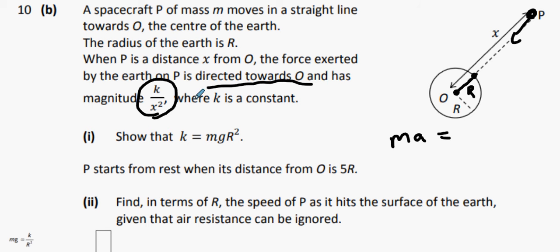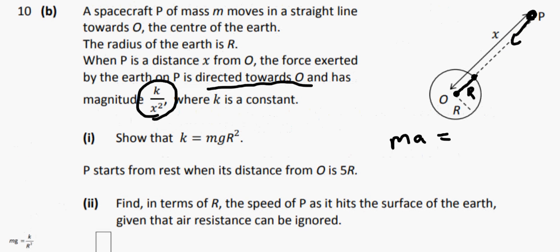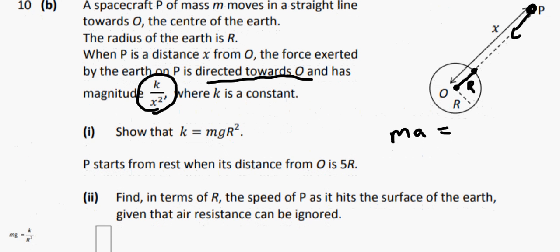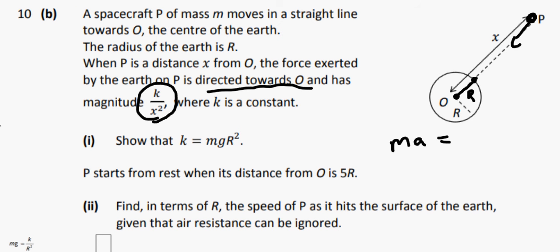I think that's what they're going for. It says g in the answer. I just want to know where to pull that out of, though. It's because the acceleration equals g when it's at r. So when x equals r, a equals g. When you're on the surface of the planet, the acceleration is g at that point.